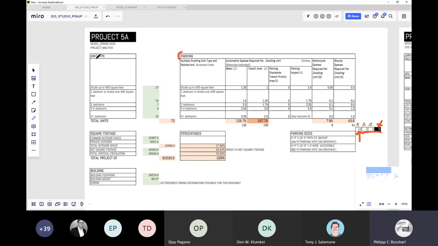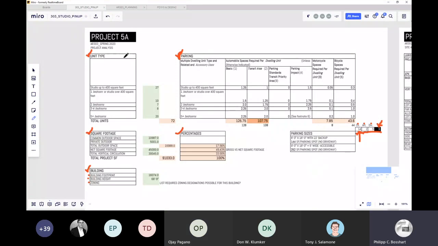So there's a couple topics here: unit types as it relates to parking requirements, project square footage, the building as a kind of rough idea about the building, and then the metric of percentages.